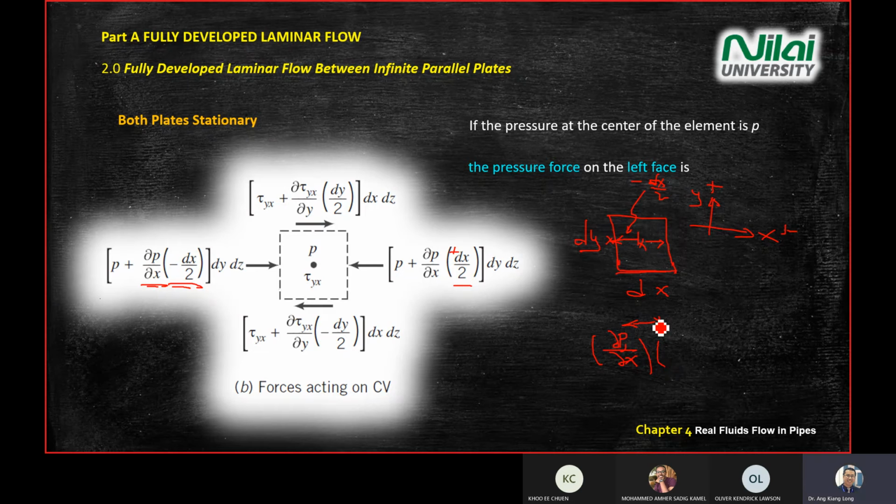You times the distance traveled by the molecule. The distance you travel from the center to the left-hand side surface is negative dx divided by 2. When you time this one, you get the change of pressure, or del P, if you move to the left. Understand? Yes.